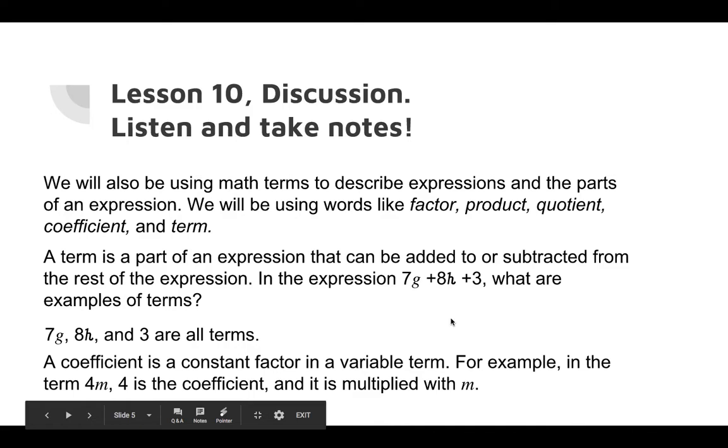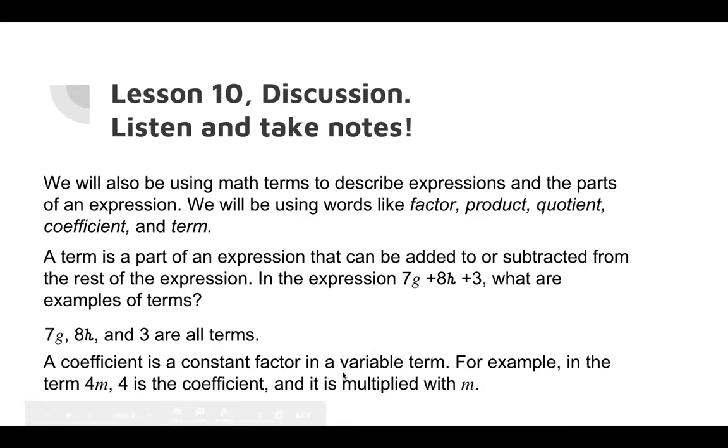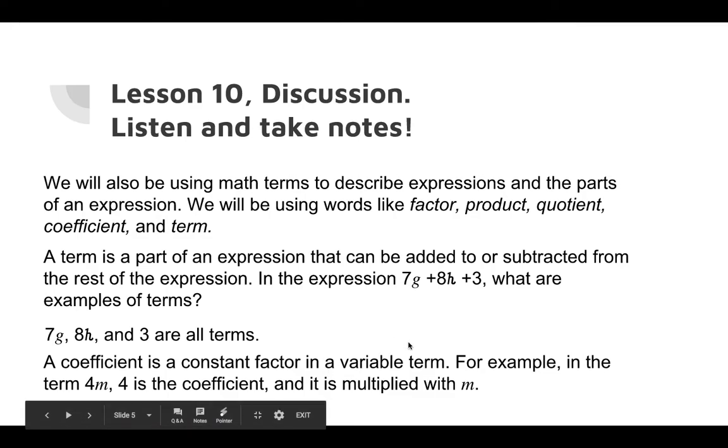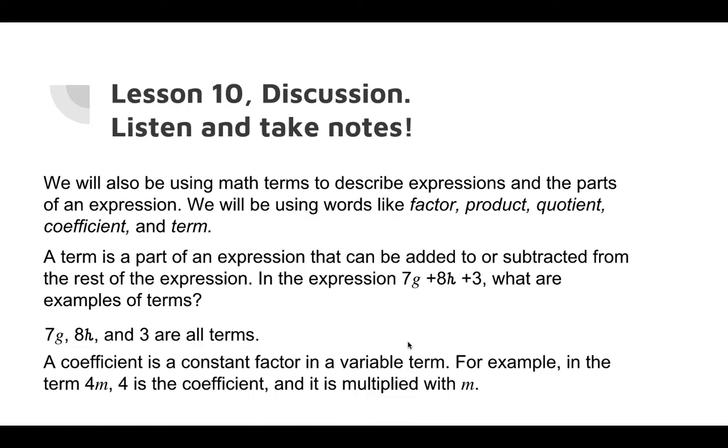Whatever m is, because m will change from time to time, you're going to multiply it with 4. And you will see this a lot as you go deeper into algebra. Your number here is called your coefficient, which is your constant factor.